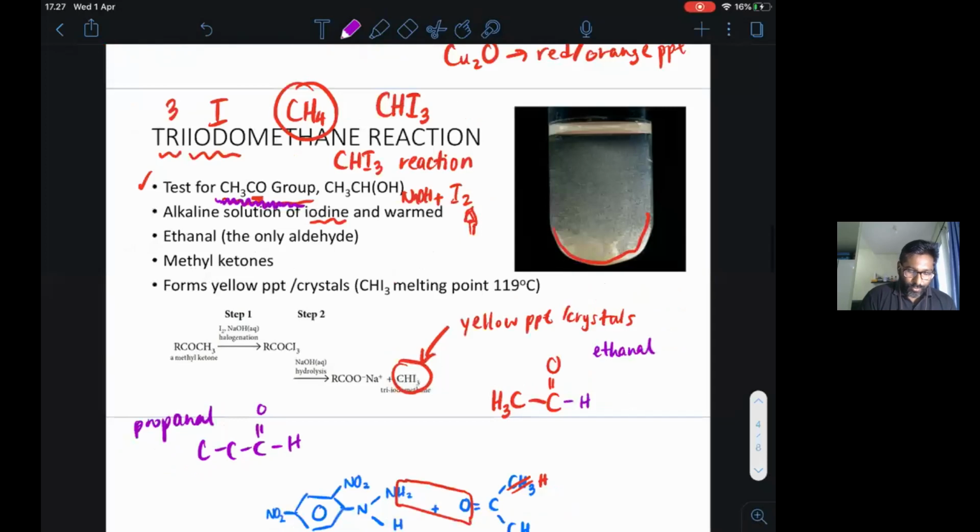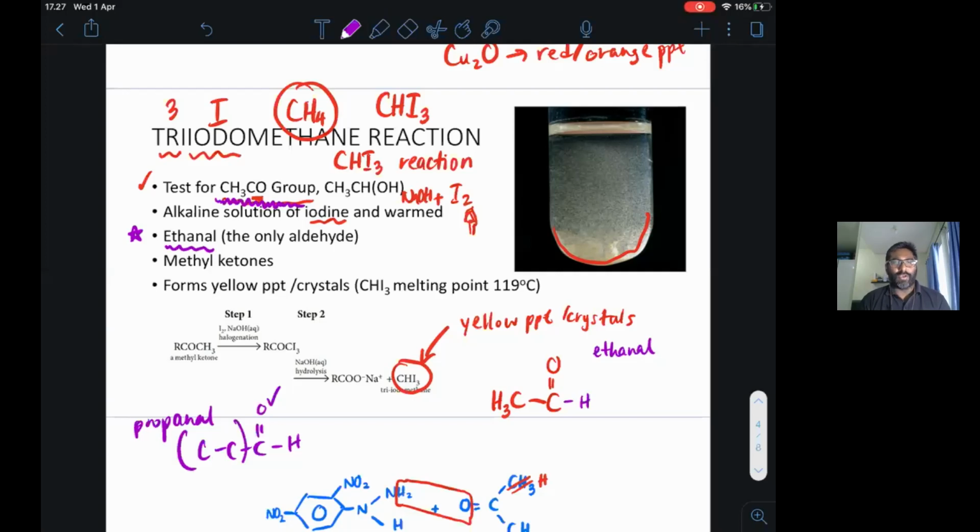They do have this C double bond O, but this part, they don't have CH3. So I want you to remember this: ethanal is the only aldehyde that will give you a positive result with the triiodomethane reaction.